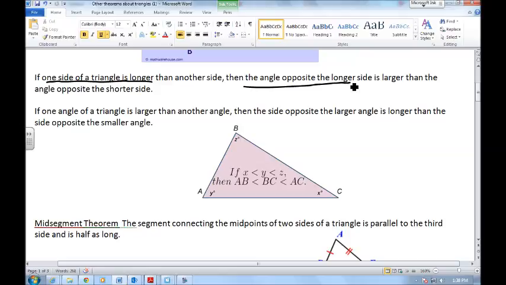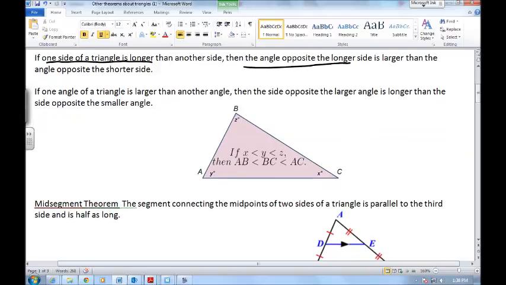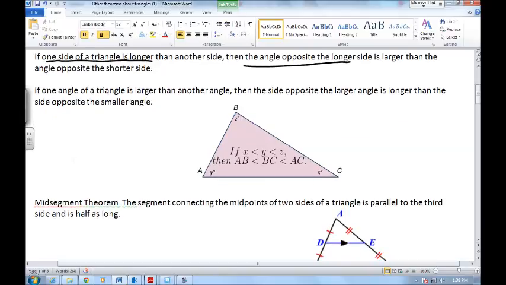Alright, so this theorem tells us that if Z is the largest angle, the side across from Z, on the opposite side of the triangle, will be the longest side.